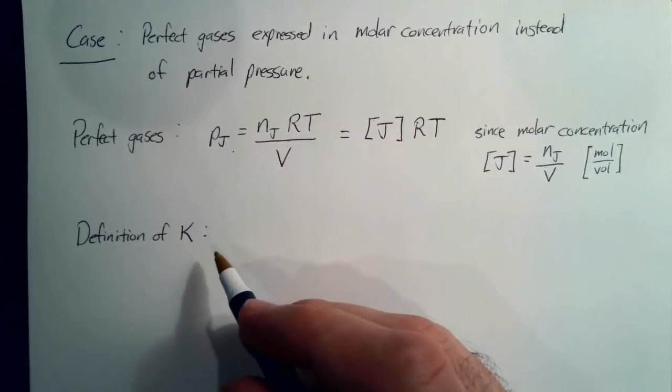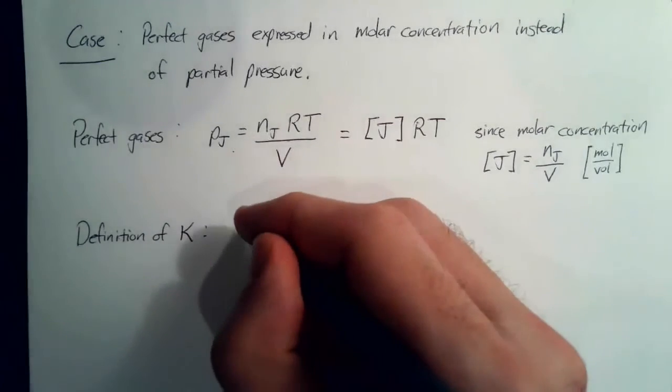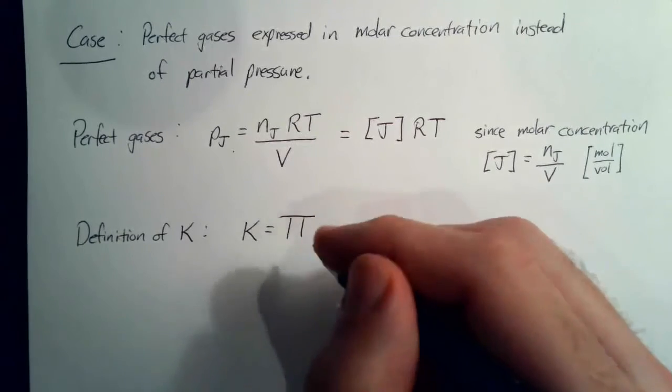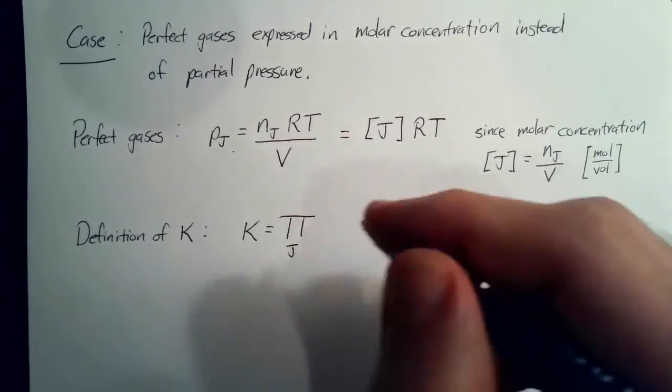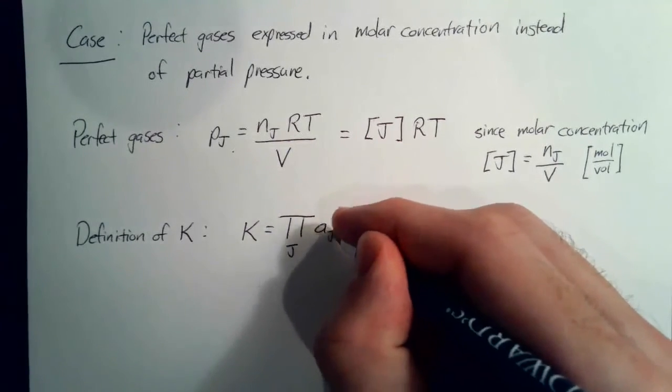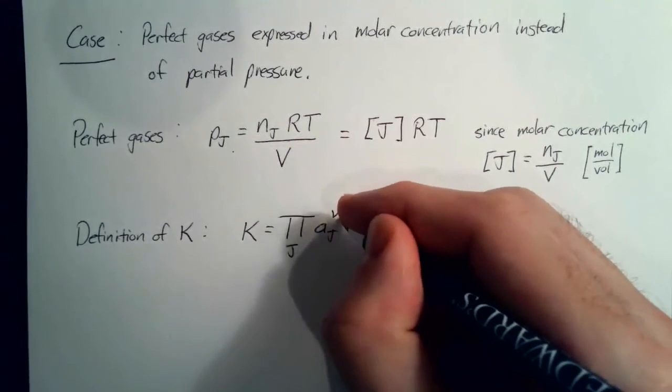Okay, and then I'd like to return to the definition of K. So remember K was equal to the product over all of the species involved of their activities raised to their stoichiometric number.